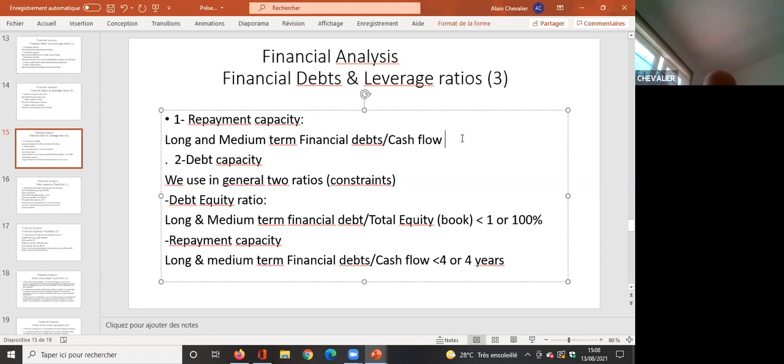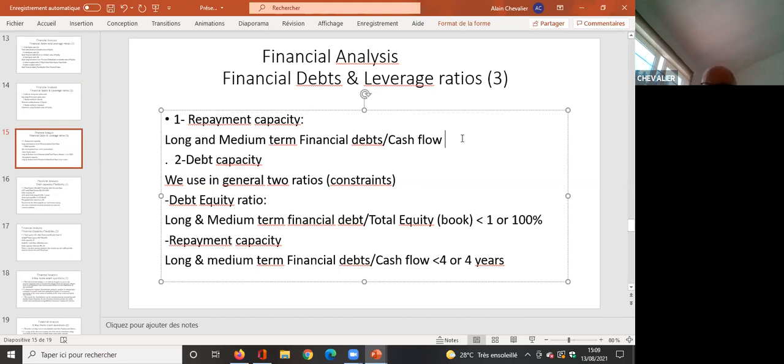The first one is the analysis of the structure of the right side of the balance sheet. And this is the basic comparison we saw in one of the preceding slides, comparing the long and medium-term financial debt to total equity, both being book value, with this limit of 1.